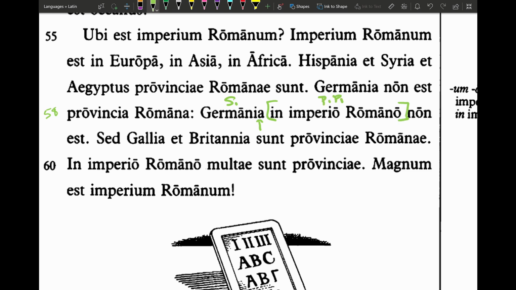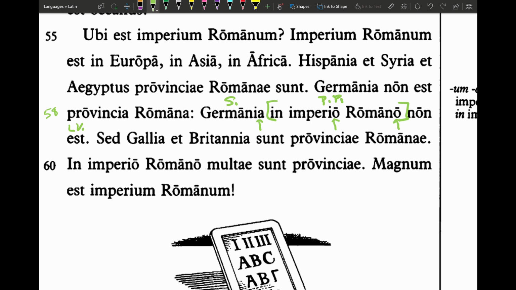And notice imperio, right here is our noun. This is our noun. It ends with an O with the macron on it. Notice the adjective modifying it, Romano, also has an O with the macron on it. Okay? And we have our linking verb. So it says, Germany is not in the Roman Empire.